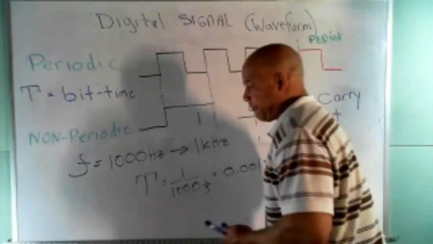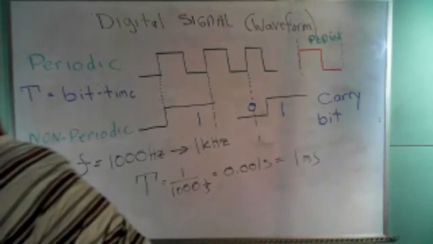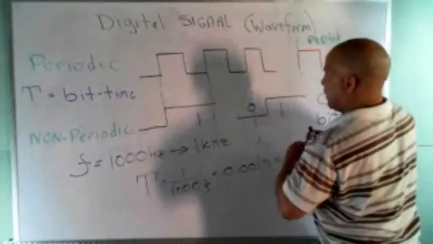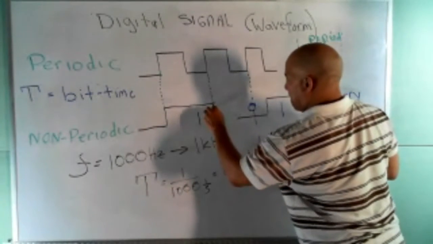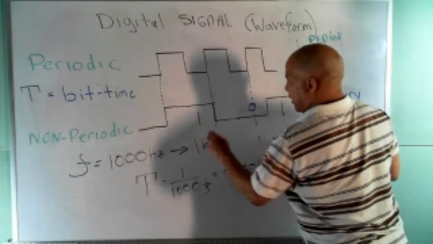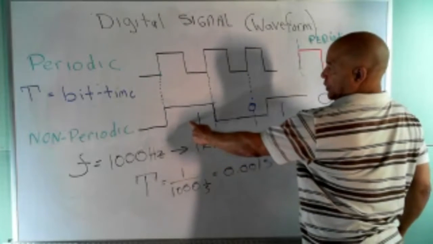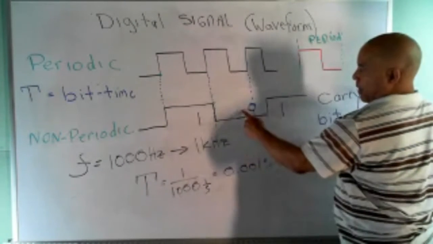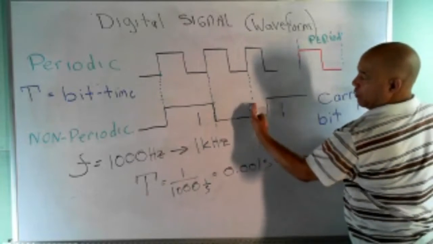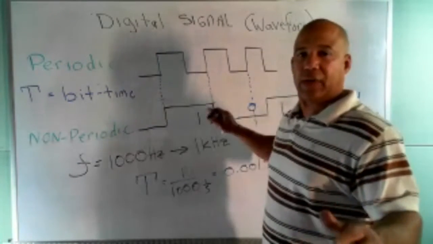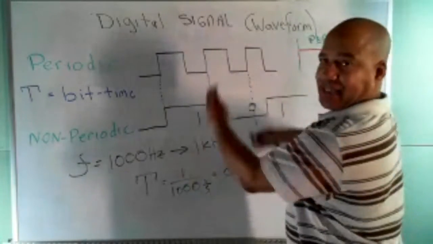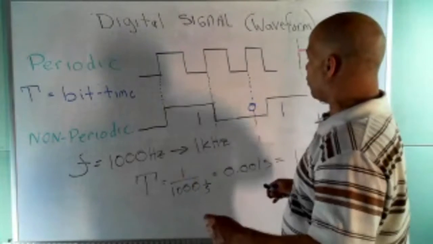But you can see what I'm after here. With the bit time, I can see that this represents a 1, that represents a 0. This should be moved over. That's why I want you to look at this on the actual website, because everything is lined up and neat, and I didn't draw it with a ruler.